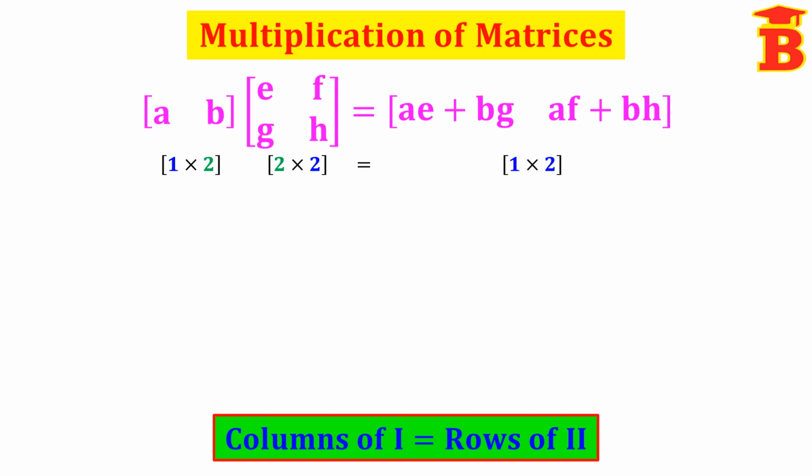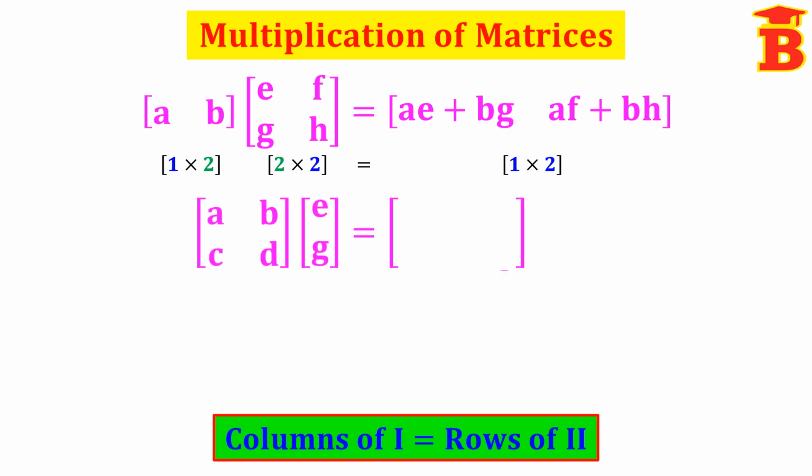Let us multiply the next two matrices. Here first matrix A, B, C, D, second matrix E, G. We follow the same procedure, row by column method. Take the first row, multiply with this column. We get A E plus B G. So one column gives only one element answer.